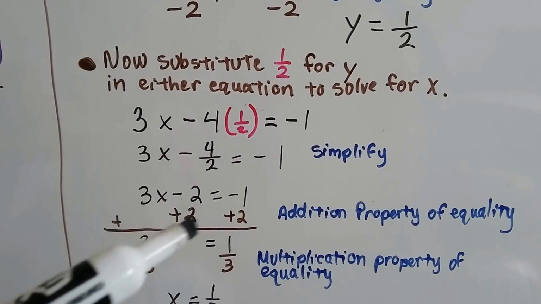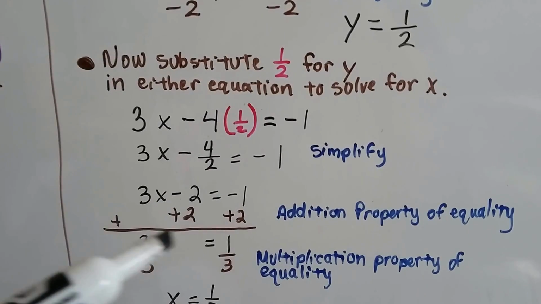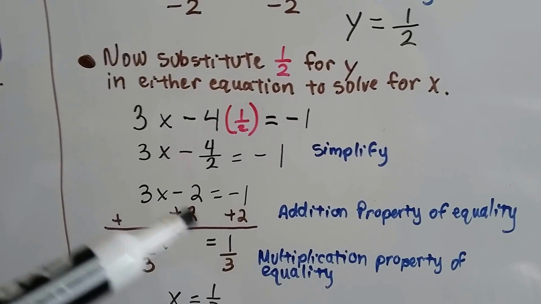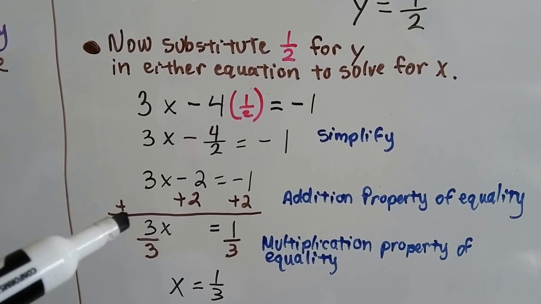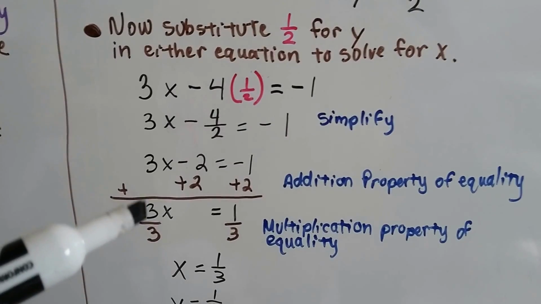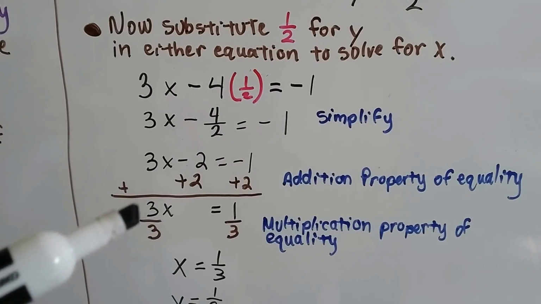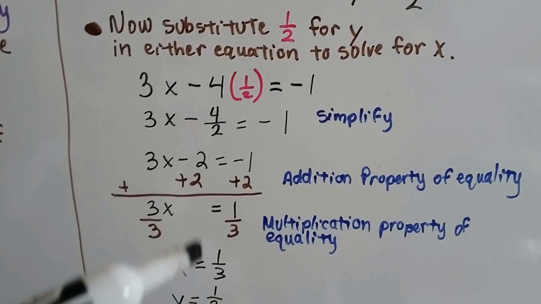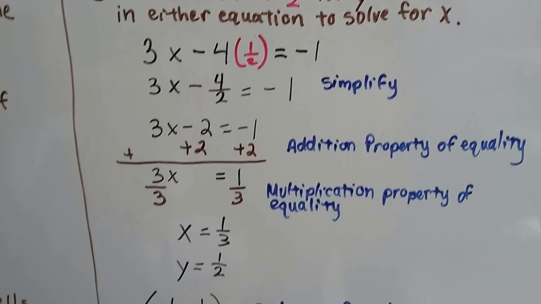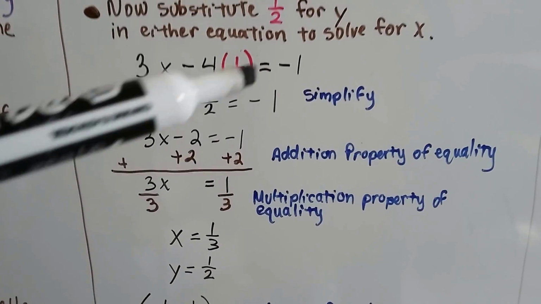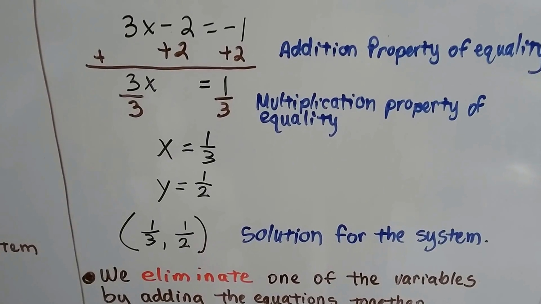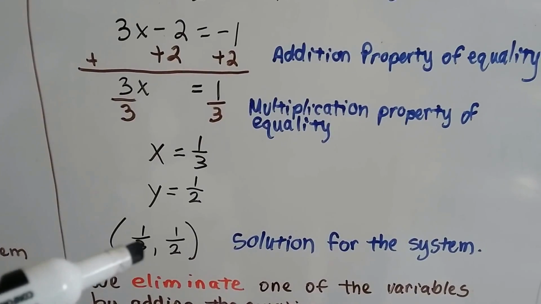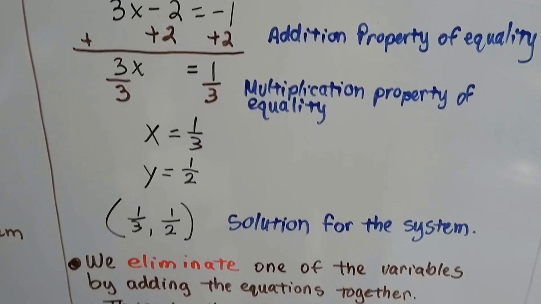Now we can eliminate this minus 2 by adding a positive 2 to each side of the equation, creating a zero pair, and we get 3x equals 1. Now we can divide each term by this coefficient 3, and we get x equals 1/3. So now we know that y equals a half and x equals 1/3. Our solution for this system of equations is 1/3 for x and a half for y.